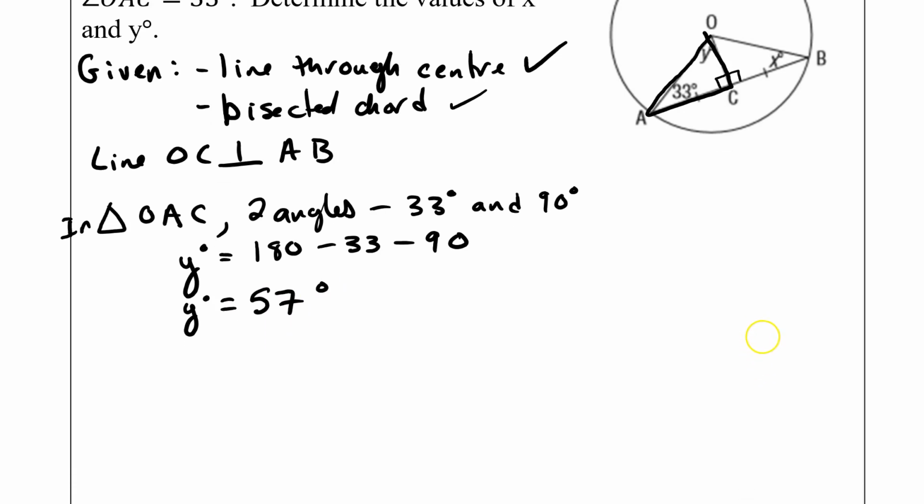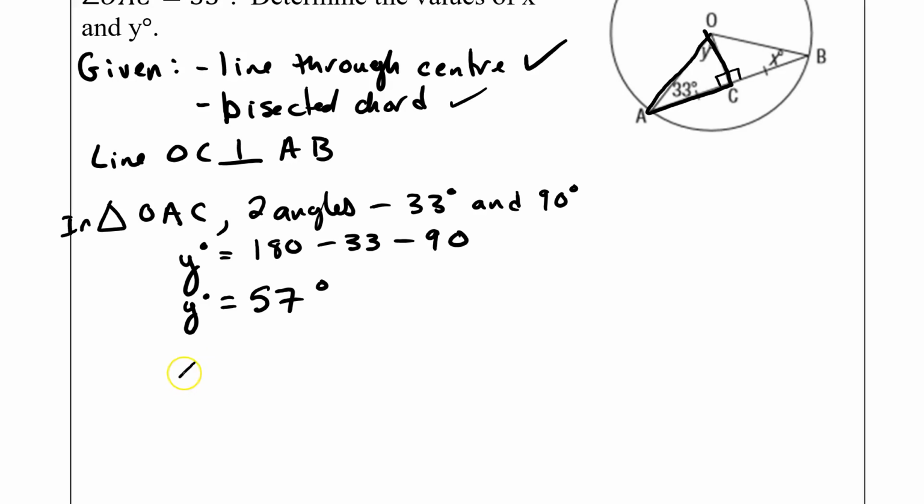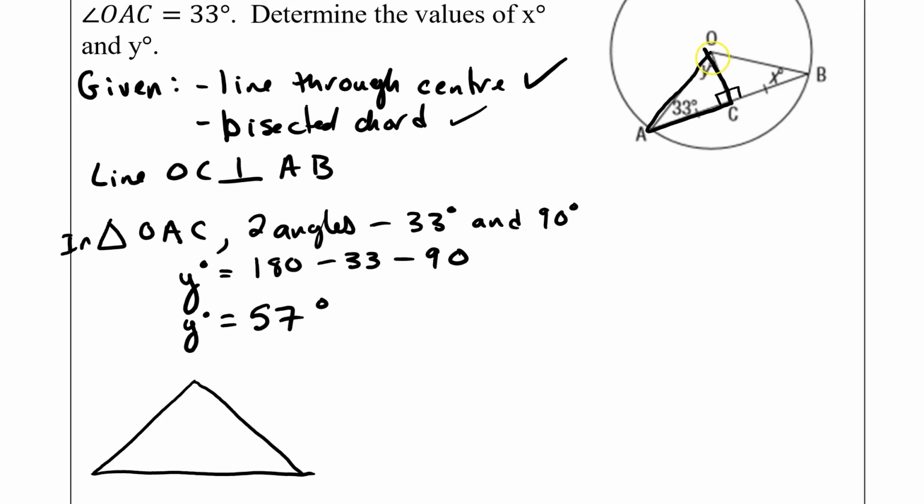Now to find X, I'm going to redraw this triangle right here. The only thing that we're going to be using here is the idea of a radius and how it's consistent. So going back up to the other circle, OA and OB have to be the same length. Why? Because they're radii. So OA equals OB since both are radii.